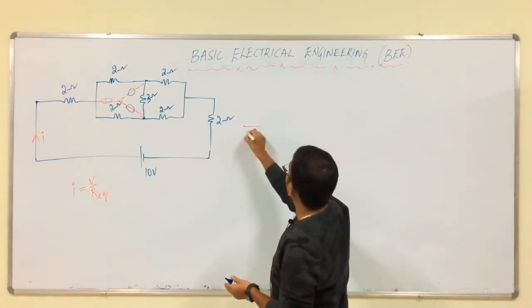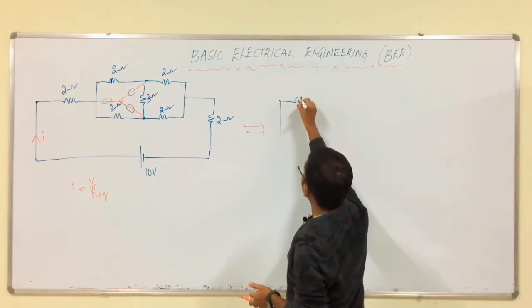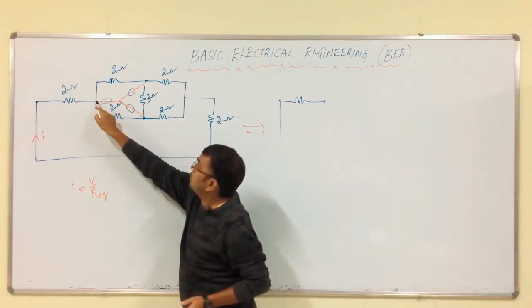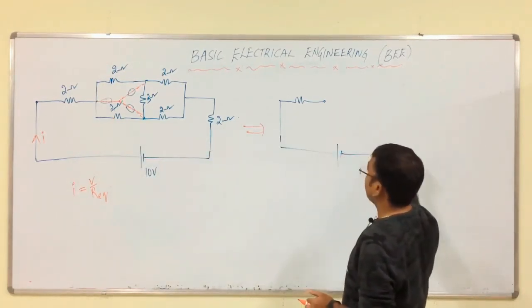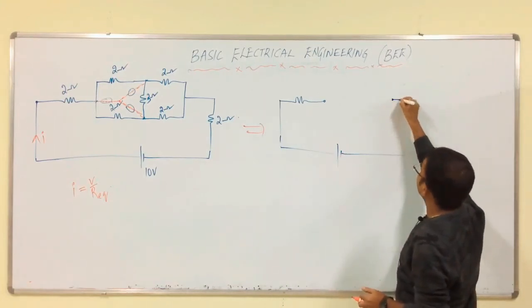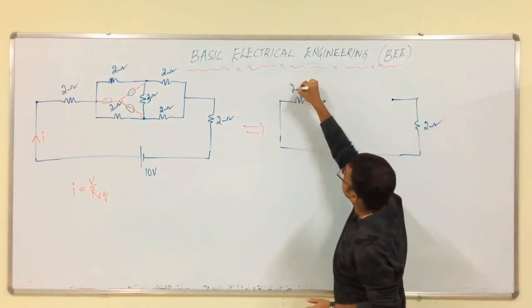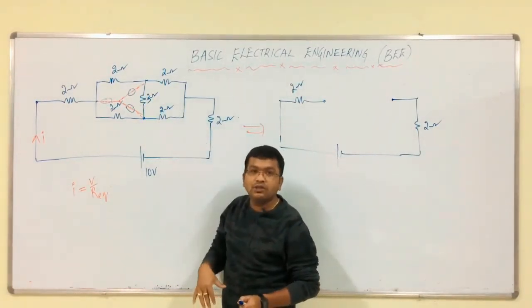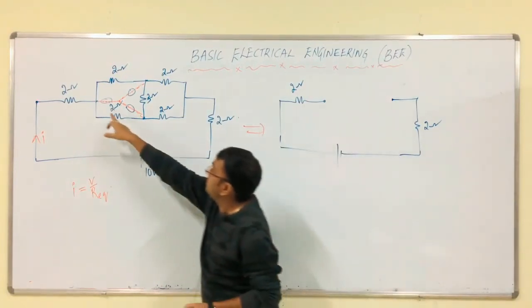Then 2 as it is. So, up to this point the circuit is same. Given voltage is 10, this is given 2 ohms, only the middle part should be reduced. So, up to this point is 2 ohms, then we got this branch.